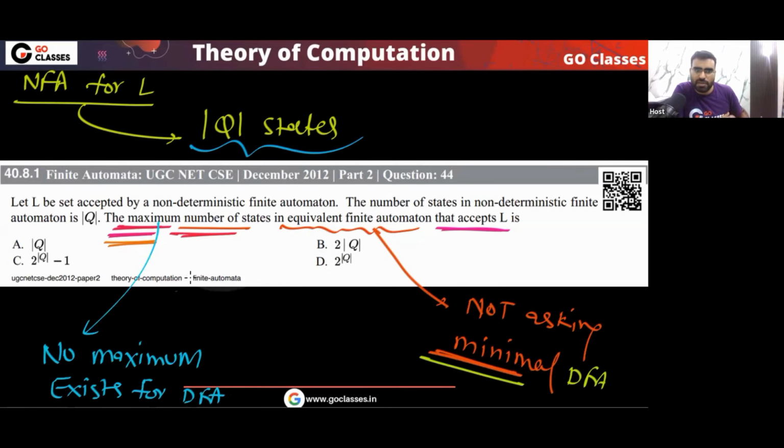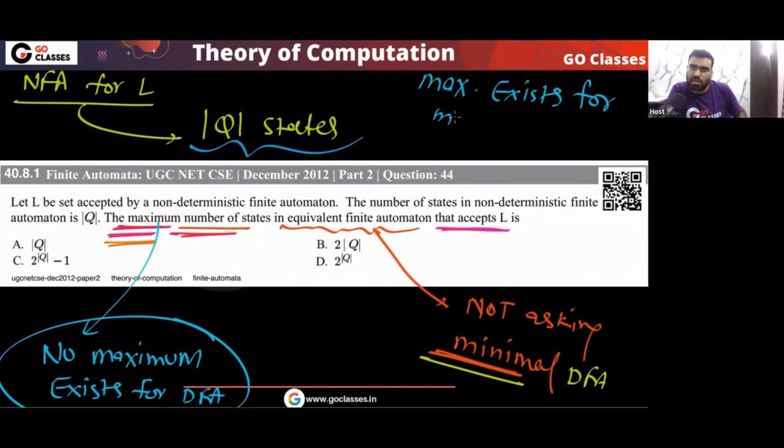But remember, a maximum exists for minimal DFA, and that is 2 power n. This is the maximum for minimal DFA. But a maximum does not exist for DFA. You can create a DFA with 100 states, 1000 states, maybe 10,000 states. You can create a DFA with 1 crore states.